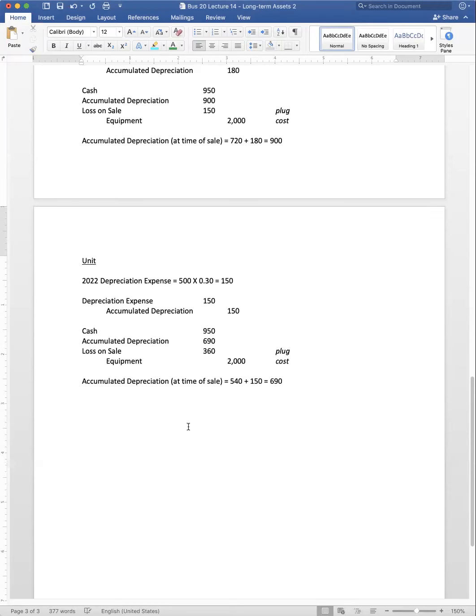Okay, one more, double declining balance. All right, under double declining balance, we calculate the depreciation expense as the net value multiplied by the depreciation rate.